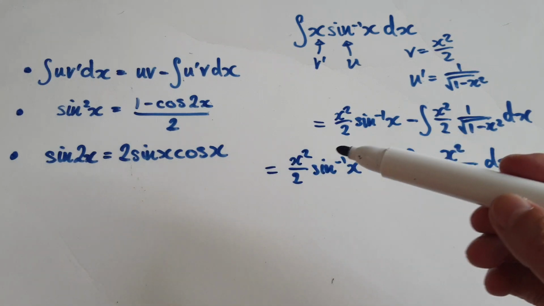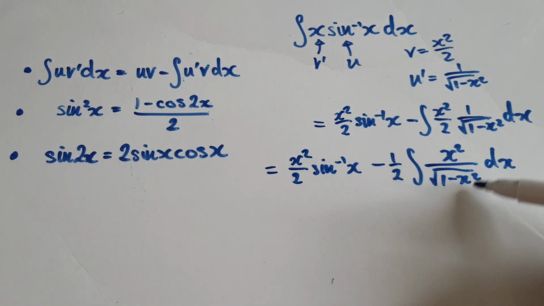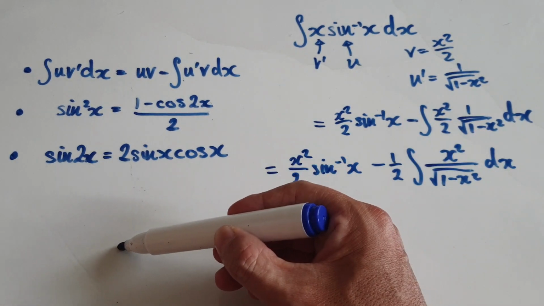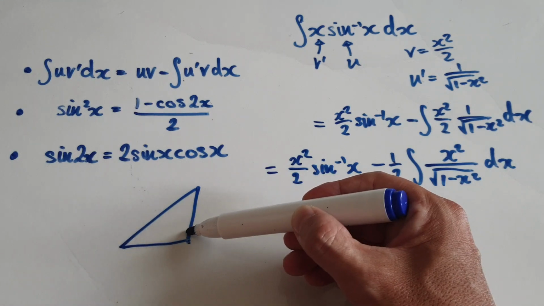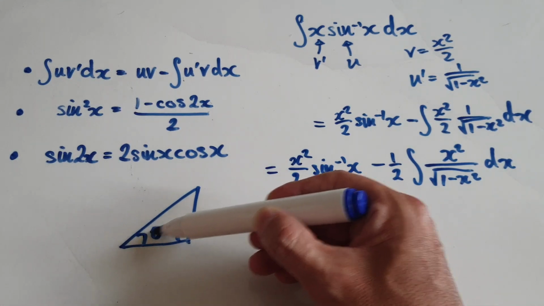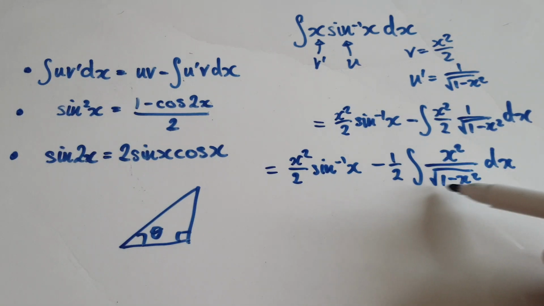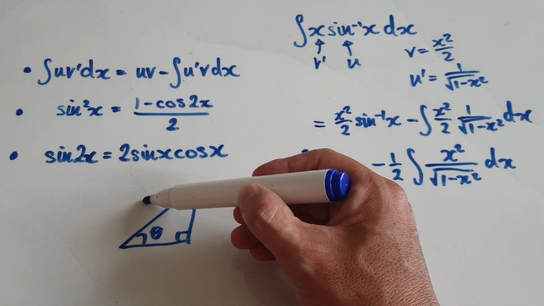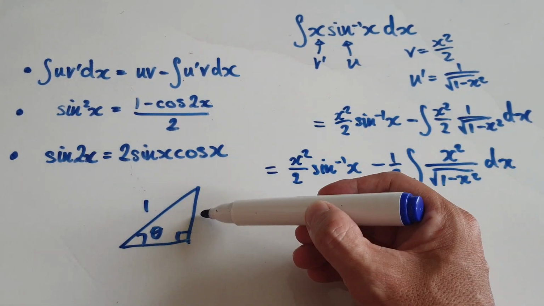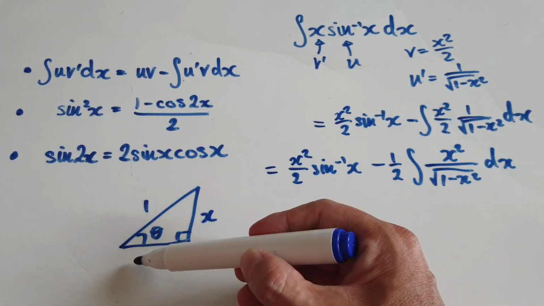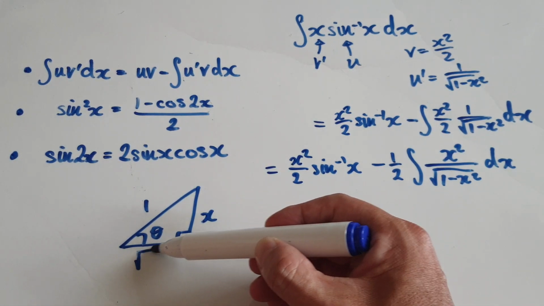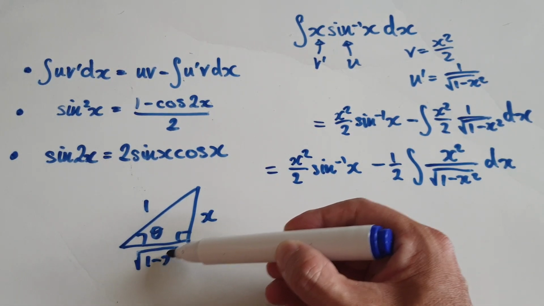Create a right angle triangle in such a way that this will be true. Let me just create my right angle triangle. This angle is theta. Your eyes should zoom into this square root thing. So let's make the hypotenuse 1, and this side x. Using Pythagoras, the other side has no choice but to be root 1 minus x squared.